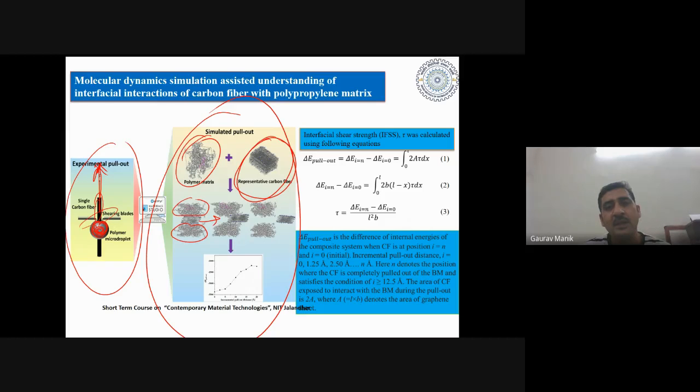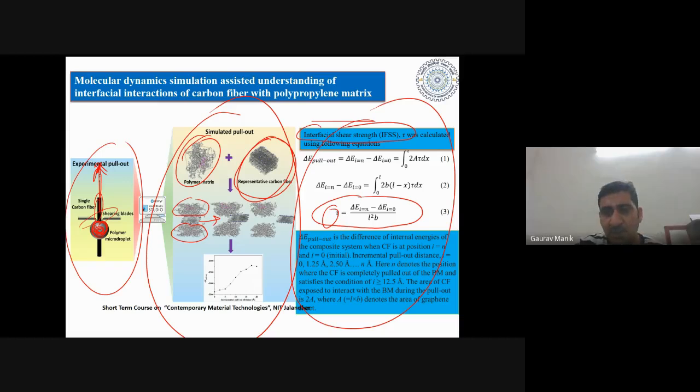And through the computational calculations, this gives us an idea of the interfacial shear strength, which is represented by tau, which can be obtained using this relation.